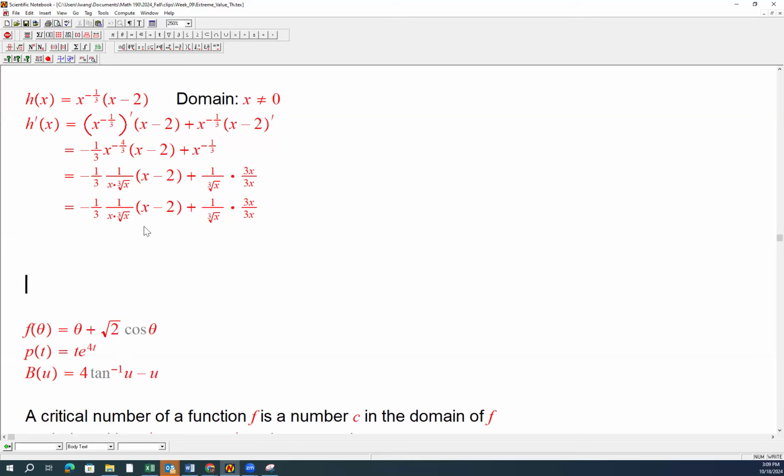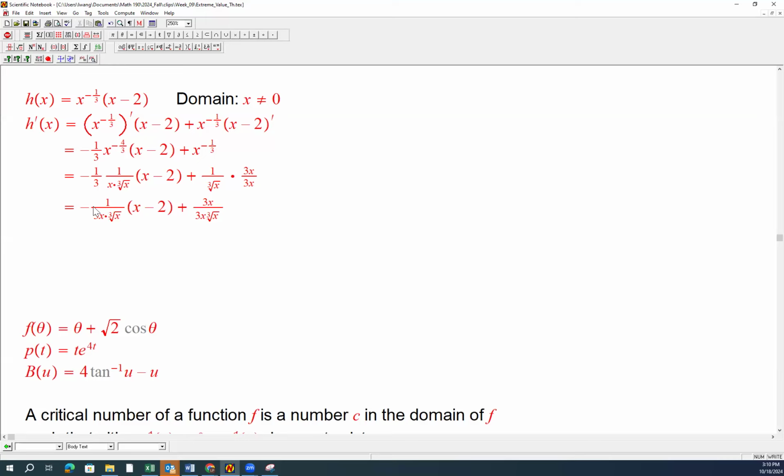So now we have the same denominator, 3x, and this piece goes over the same denominator.